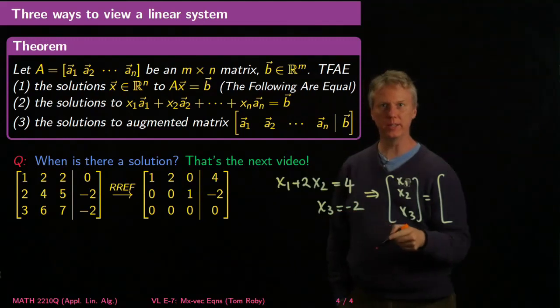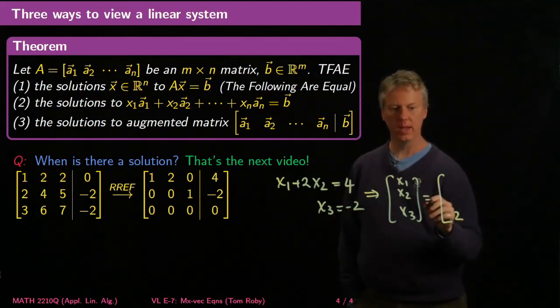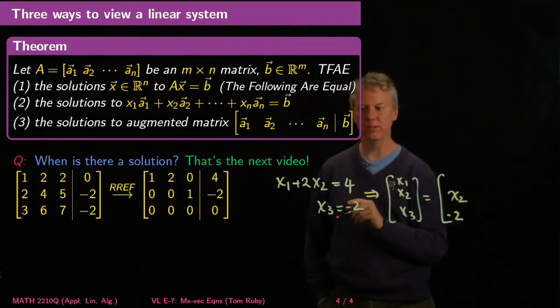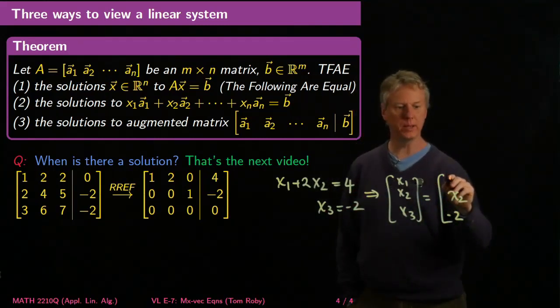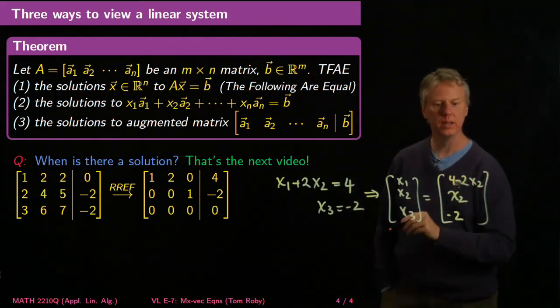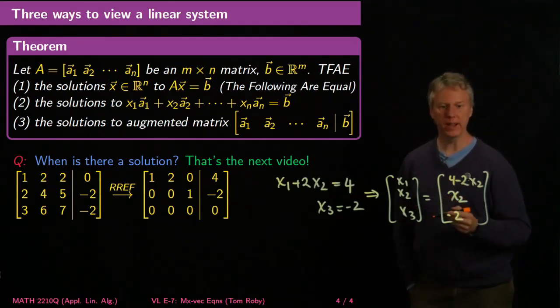So x3 equals minus 2 is completely fixed. So I know this will always be minus 2. x2 is a free variable, so it can be whatever it wants to be. But then x1 has to be 4 minus 2x2. Okay? So that is the form of a vector.